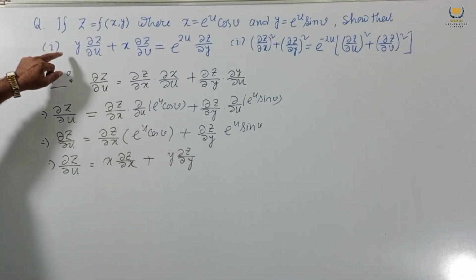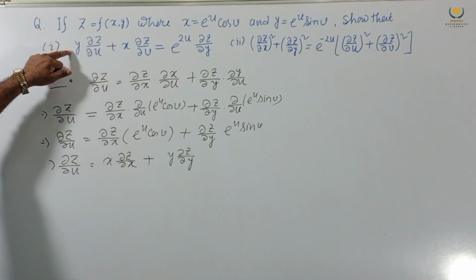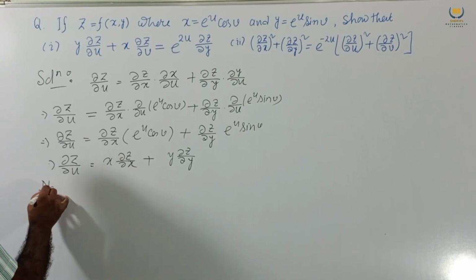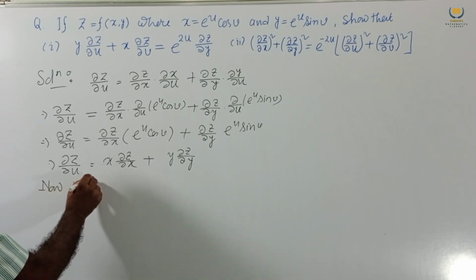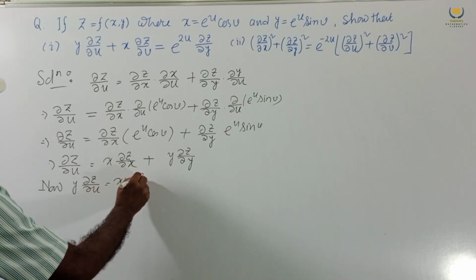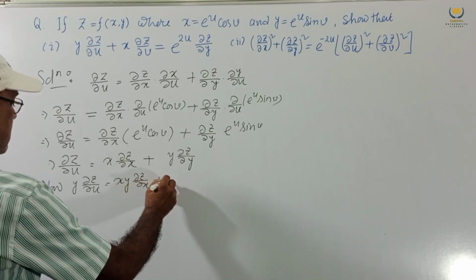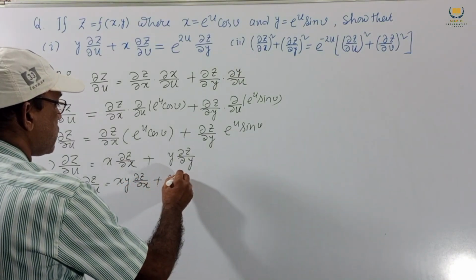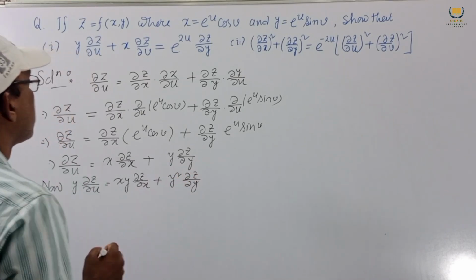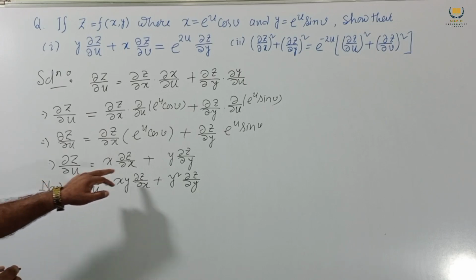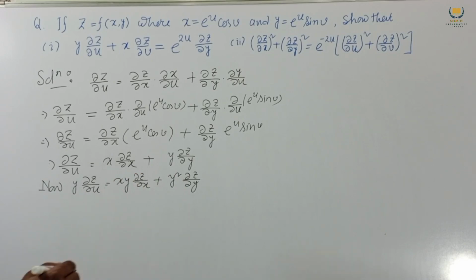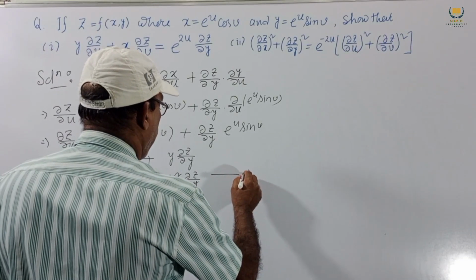But in our problem del z del u is multiplied by y, so we multiply both sides by y. We get y del z del u equals xy del z del x plus y square del z del y. This is number 1.